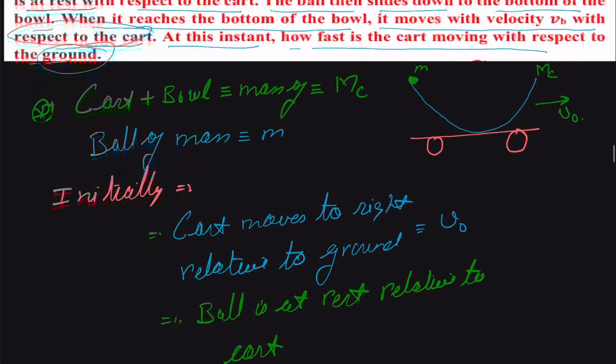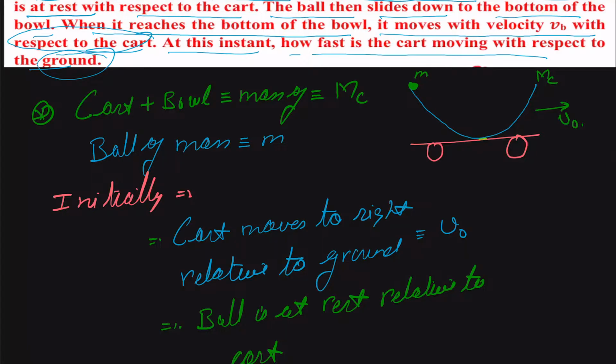And please remember, the cart and bowl are stuck together, so they are not separate, they are a single entity. If the cart is moving, the bowl is moving along with it. The only thing that is separate is the ball, it is not attached, it is free to move.